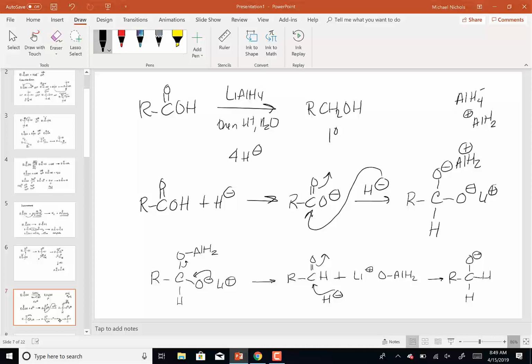Can the O minus do anything? That's probably off with the lithium, but I'm done worrying about it. Once it gives up the third H minus, that O minus cannot form a double bond because there are no leaving groups. So it waits for me to add H plus H2O. When I add my H plus H2O, I get my primary alcohol.